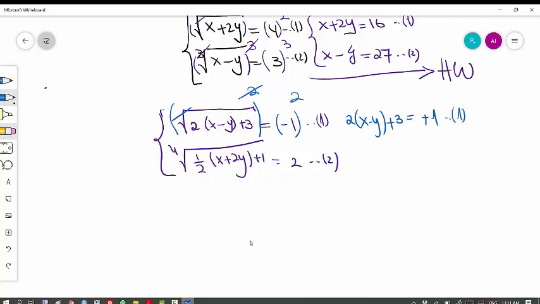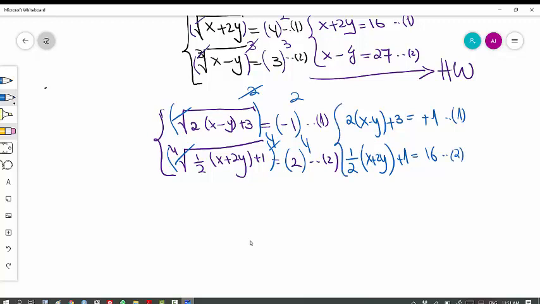Actually, this is the first equation. The second equation, I raise everything to the power of 4. Now this 4 and this 4 are cancelling out one another. 1/2 times x plus 2y plus 1 is equal to 2 to the power of 4, which is 16. This is equation number 2.